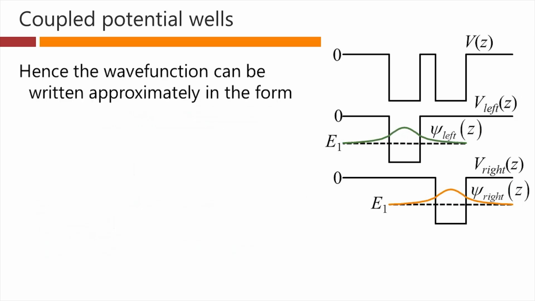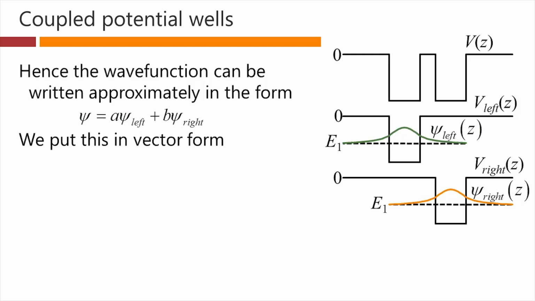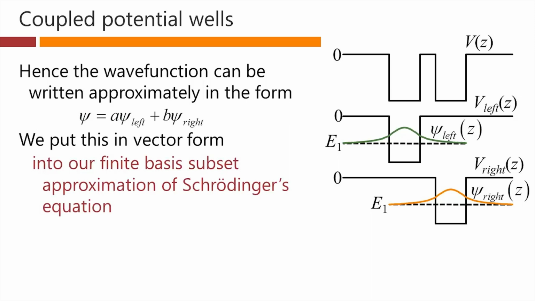Hence, the wave function we're going to use can be written approximately in the form psi is equal to a times psi left plus b times psi right. This has to be the case if we're saying that these are effectively our basis functions that we're going to use in this problem. We can put this in vector form, of course. We can use it in the same kind of way that we use the finite basis subset approximation with matrices before.